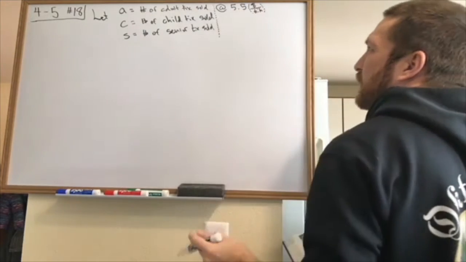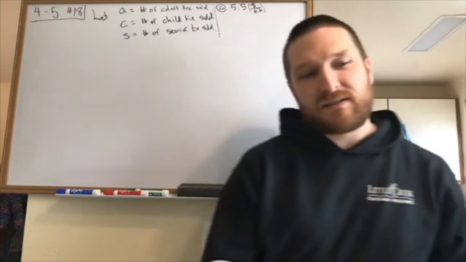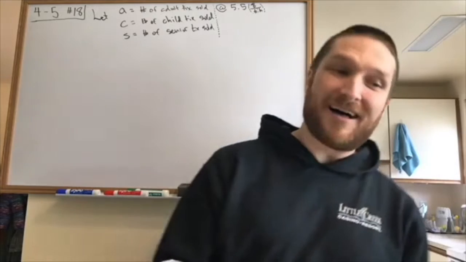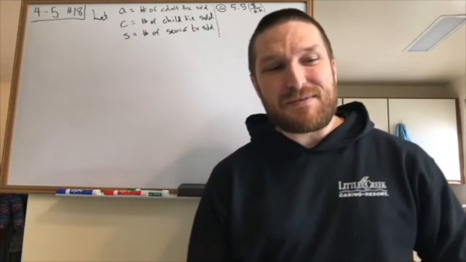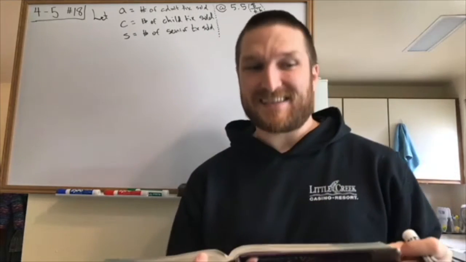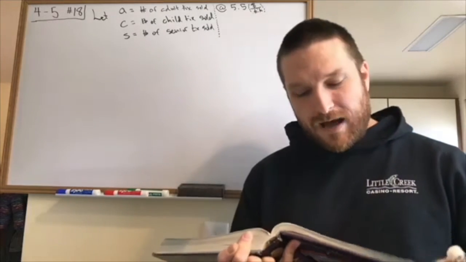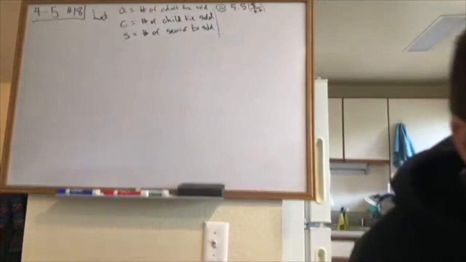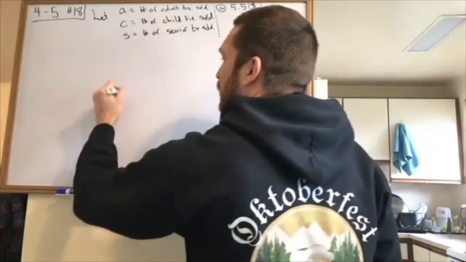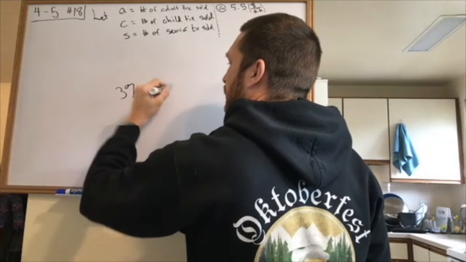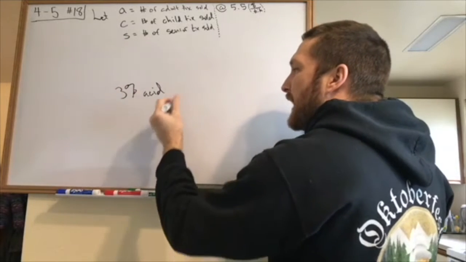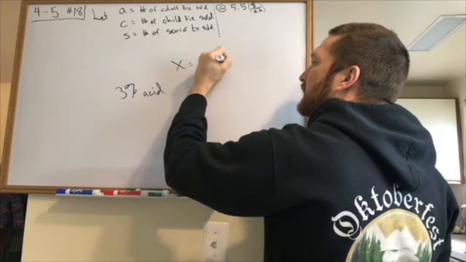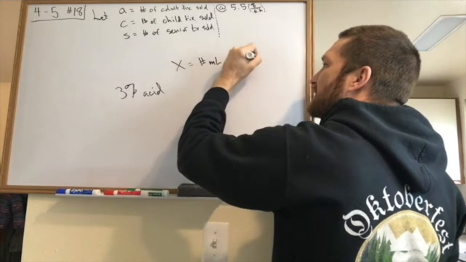Thinking of things in terms of a rate, in other words, one quantity divided by another quantity, kind of like a rise over a run, if that sounds familiar, is going to be really helpful. So anytime I see something like a price, or back to our question that we did last time, where we had 3% acid, we said that X was the number of milliliters of 3% acid.